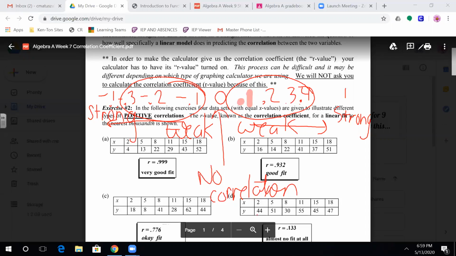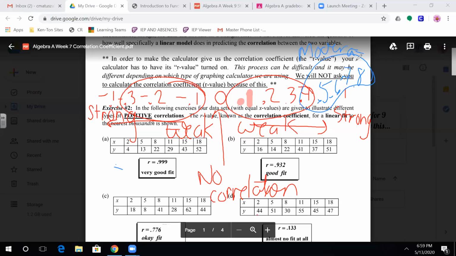Once you hit 0.5 and up, 0.6, 0.7, 0.8, and so on, that will be considered about a moderate correlation. Anything 0.9 and above is strong, so same over here.